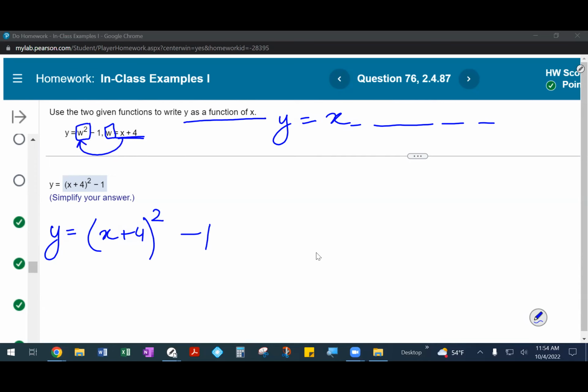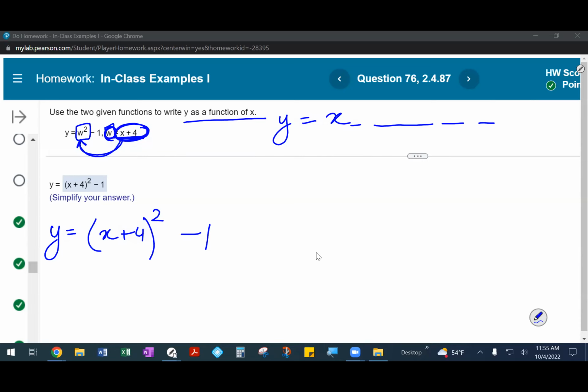So you're actually not getting rid of the square term. You are just taking w using this definition and replacing the w with x plus 4. So you will see the squared is still there. We didn't get rid of the square. We just replaced it with x plus 4. It's like if you knew what the value of w was, say w equaled 5, we would go ahead and put it in the function. That's the same thing we're doing, just replacing it with x plus 4.